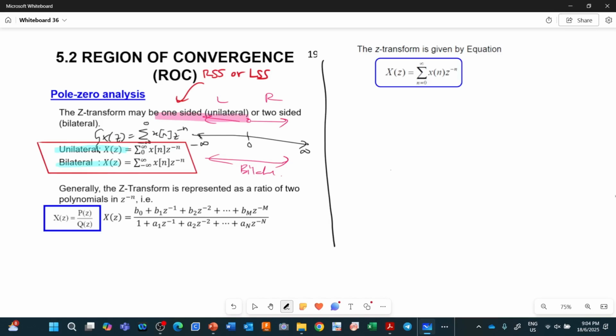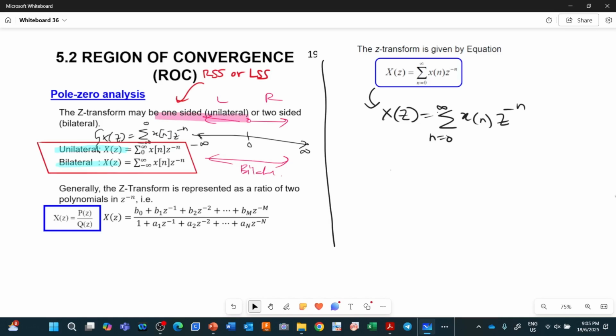So this is the Z transform equation, given by X(z) equals the summation of n from 0 to infinity of x(n) z^-n. This is unilateral, because you have n from 0 to infinity.